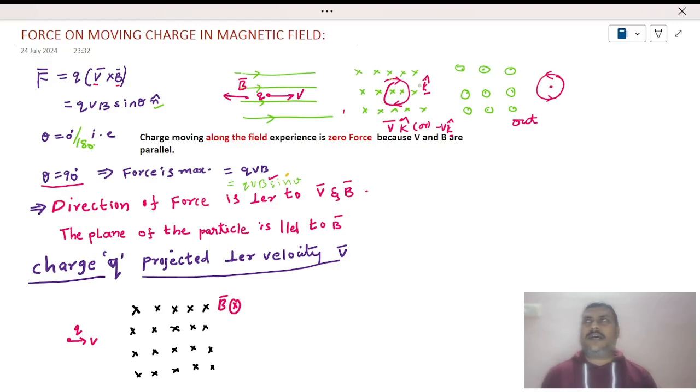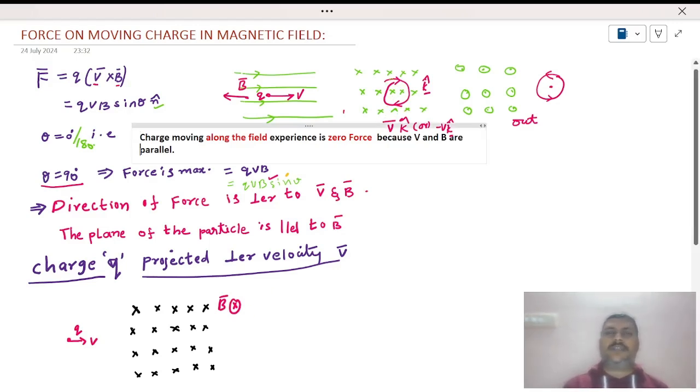This circular path has an axis, called the plane axis, which is parallel to these fields. I will explain it in this question, and you can understand this explanation.